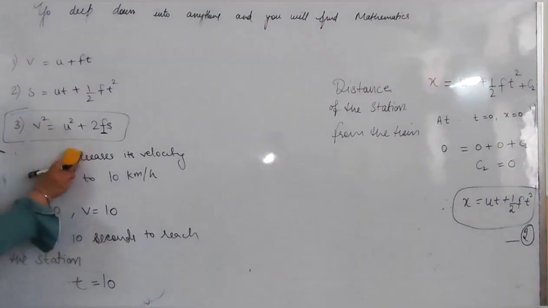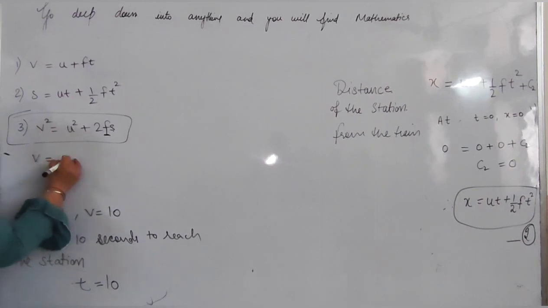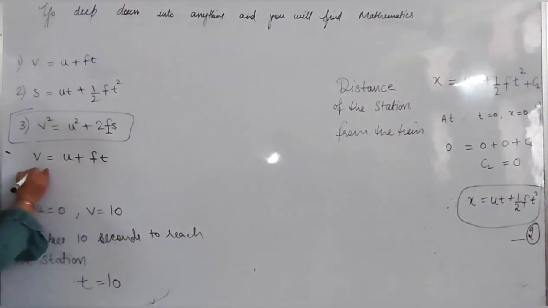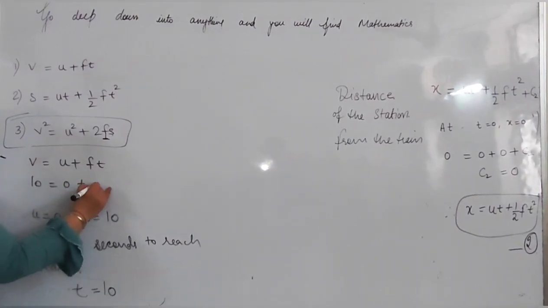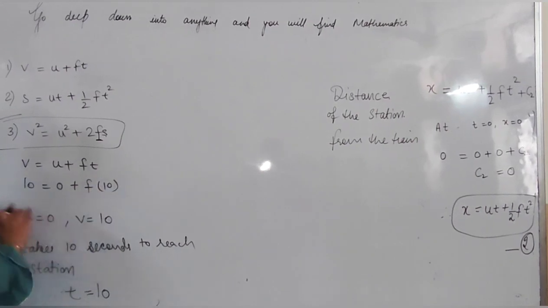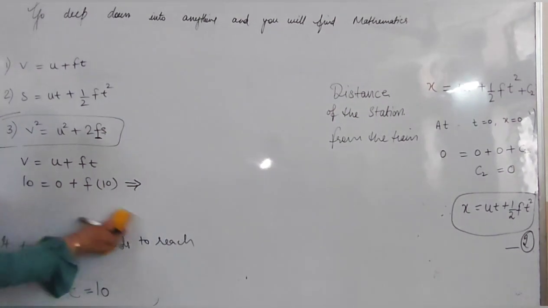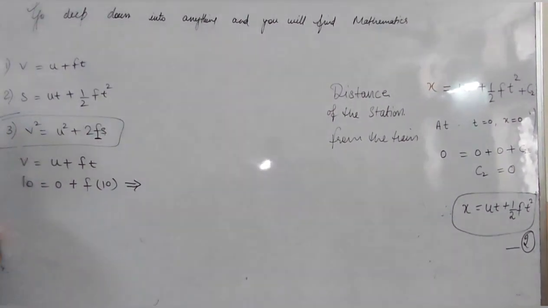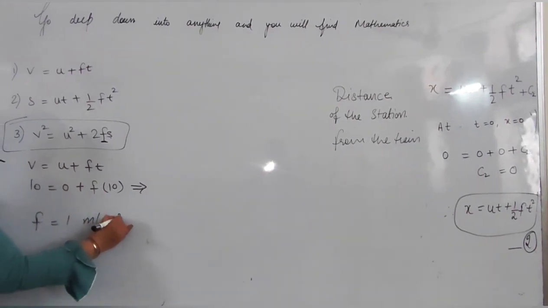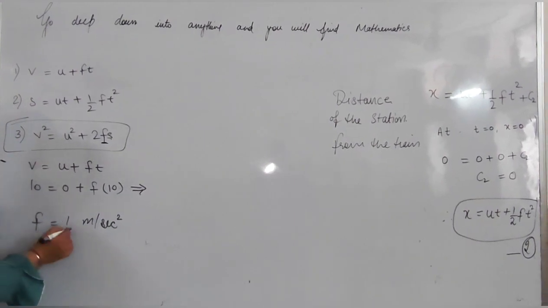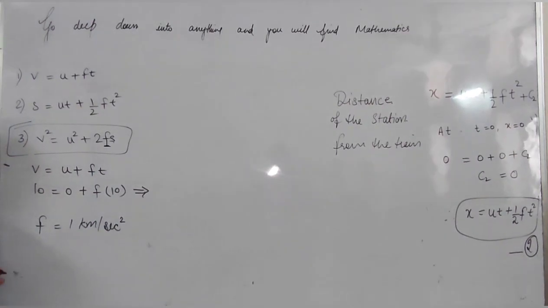So for that we will apply the first formula, which is v is equal to u plus ft. v is 10, u is 0 plus f as it is, t is also 10, and after solving these we get f is equal to 1 kilometer per second square, because we have used velocity in kilometer per hour.